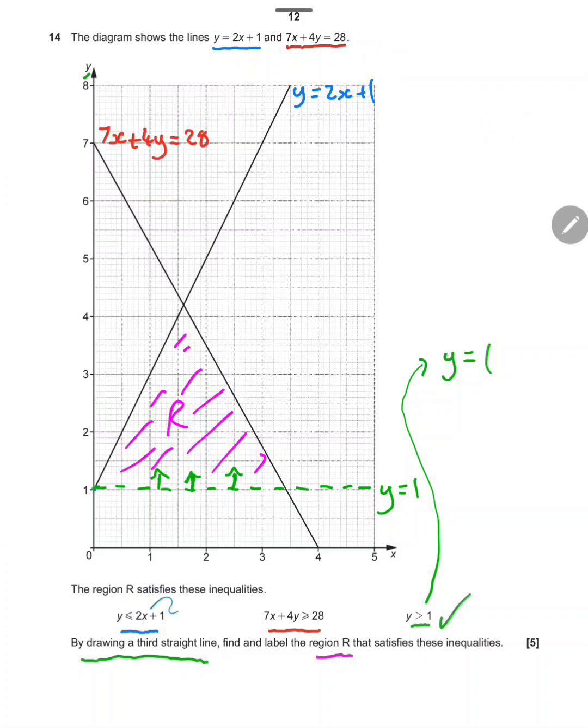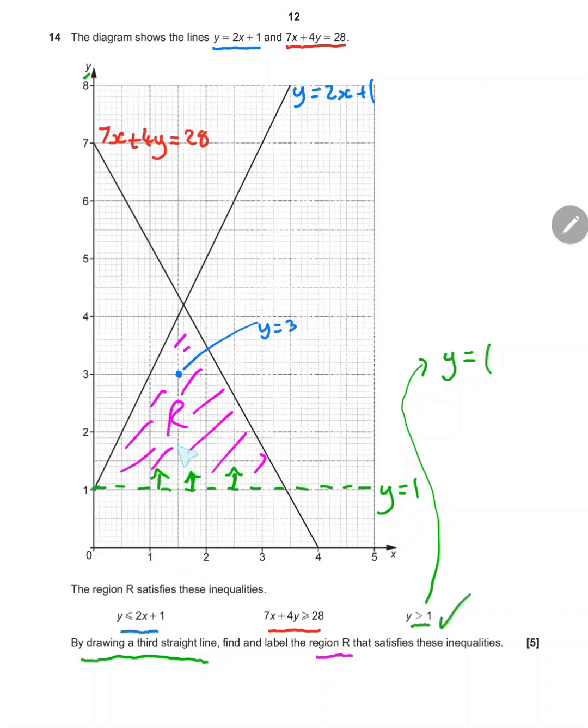We can check this blue inequality. My line is saying y is 2x add 1, and I want y to be smaller than 2x add 1. So if we just pick any point, let's have a look in this region. Let's pick this point. The y value is 3.